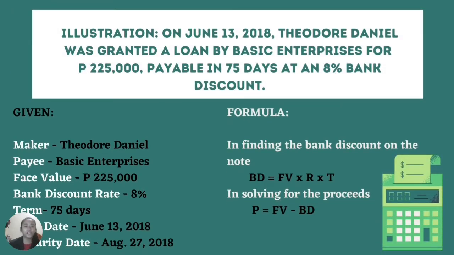Let us now solve this illustration. On June 13, 2018, Theodore Daniel was granted a loan by Basic Enterprises for 225,000, payable in 75 days at an 8% bank discount. We have here the list of the given values and the formula in finding the discount, as well as the proceeds.